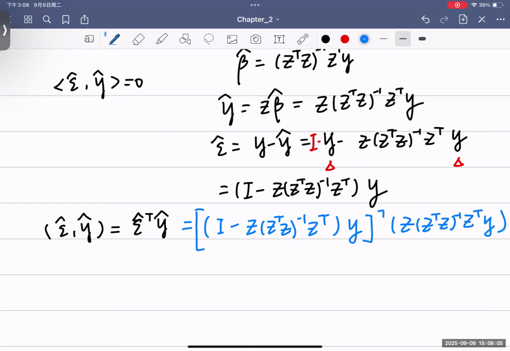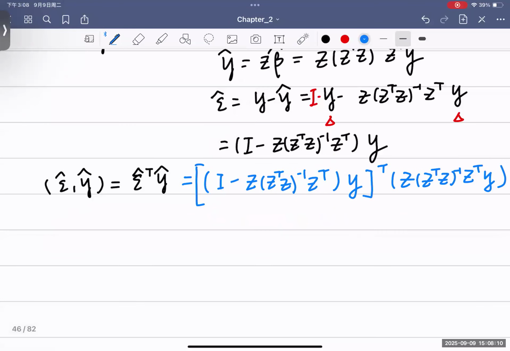Okay. For the first part, when we're taking the transpose, you can check that this will equal y transpose times the transpose of this part. This is not a minus; when we take the I transpose, it's still the I. For the remaining part, we take the transpose of each one by one.